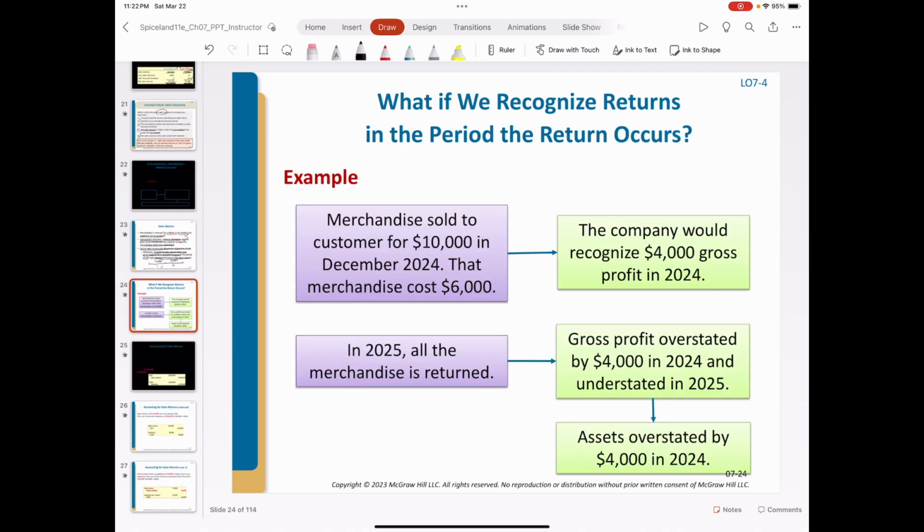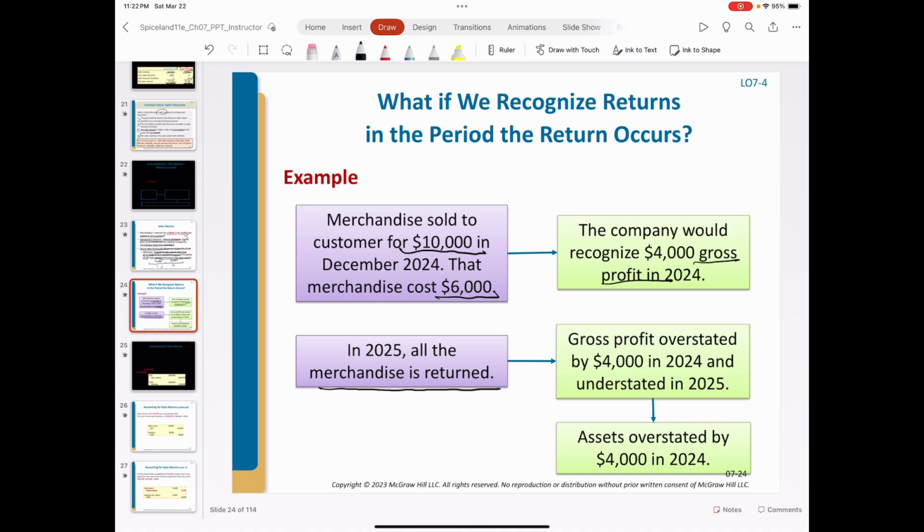So for example, in December 2024, the sales was $10,000, cost was $6,000. The difference will be the gross profit earned by this company in 2024. If in 2025, all the merchandise was returned, but keep in mind, at the end of December 2024, this company will prepare its financial statements.